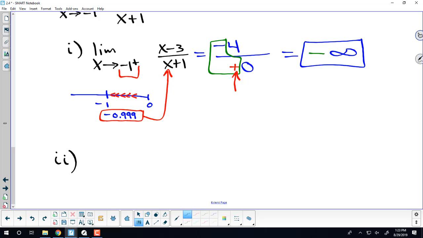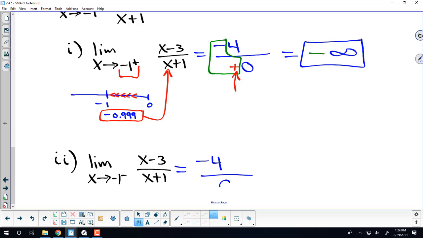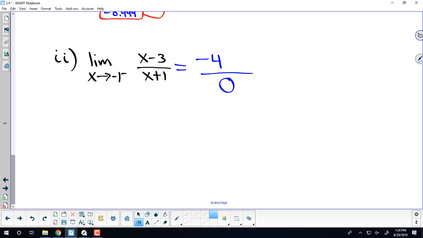All right, so how about the limit as x approaches -1 from the left? Positive infinity? Well, nothing's changed up top. It's still approaching -4. Denominator's still approaching 0. Through what values of 0 are we approaching? Negative values. Here's -1, here's -2.